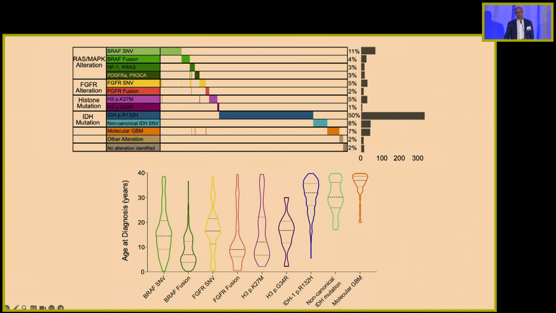But when we looked at that whole cohort, nearly 30% of these patients had tumors that had a driver mutation. And with the fact that we now have an agent that can target IDH, almost 80% of these patients had a targetable mutation.